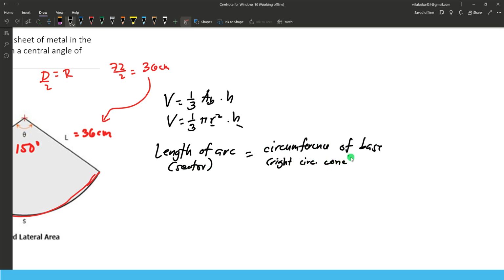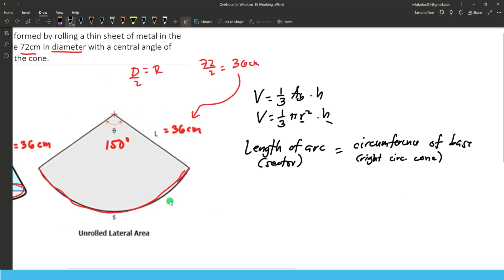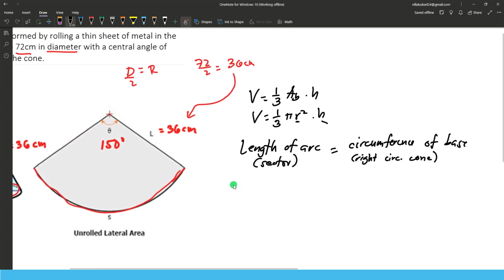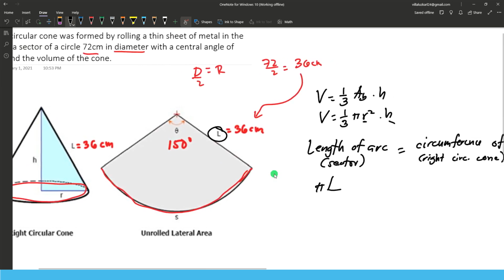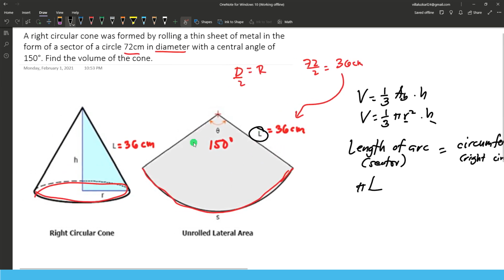Equating the two, the formula for the length of arc is pi r theta. Our r here is the radius of the sector, so instead of using r, we use L, so we will not be confused on what radius to use.